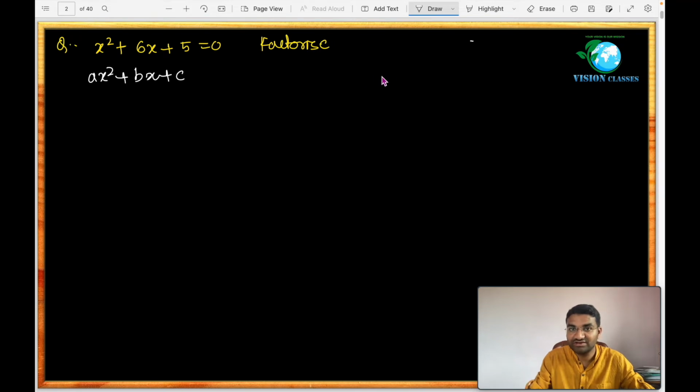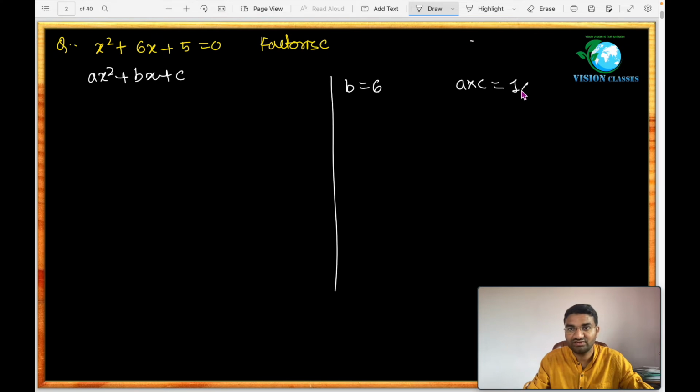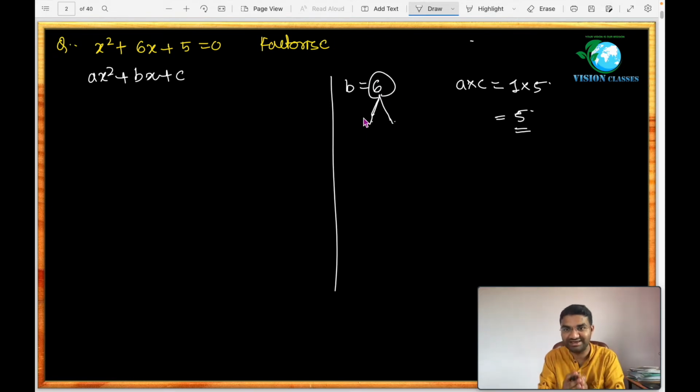So what's the middle term? b is 6, and a times c is 1 times 5, so we got 5. We have to split this 6 in such a way that the addition is 6 and the multiplication is 5.